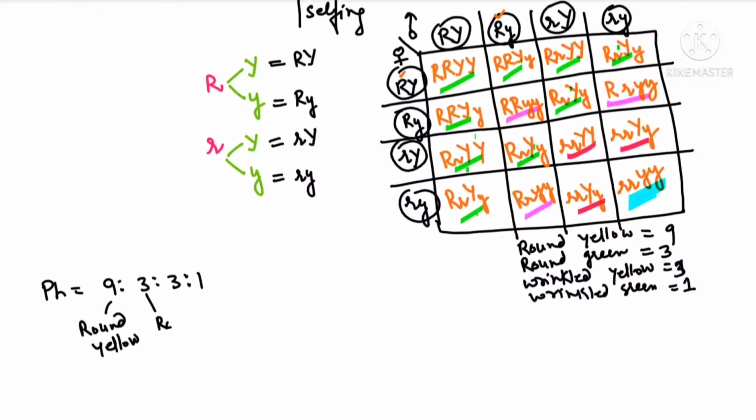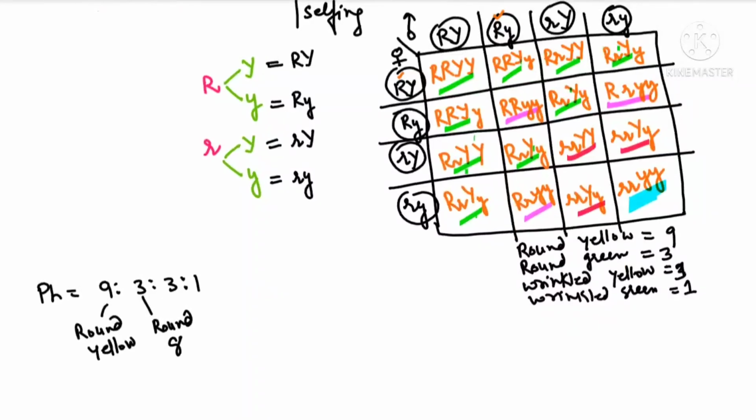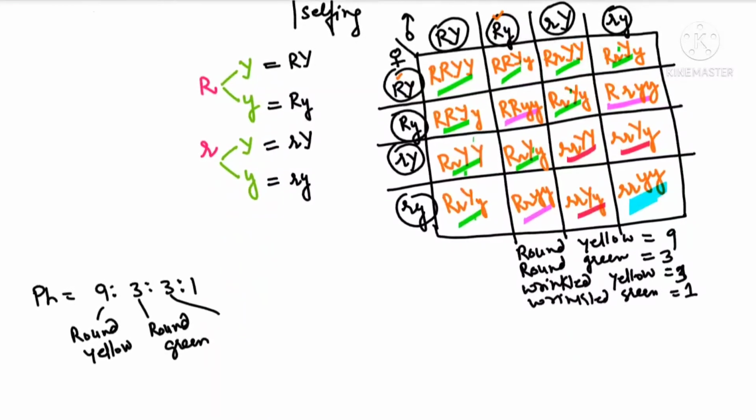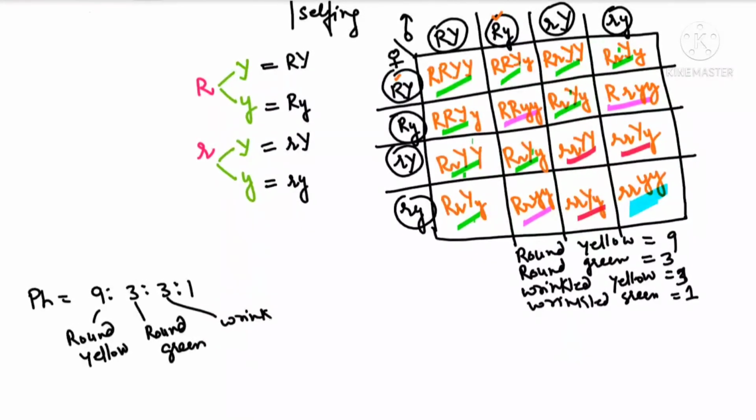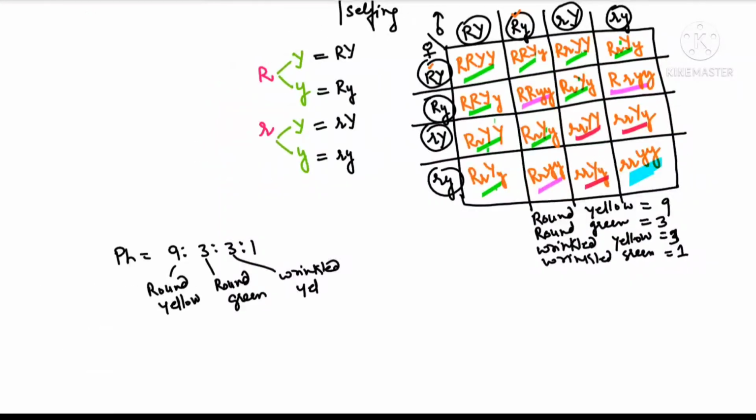This is your round green. This is wrinkled yellow. And this last one is your wrinkled green. Clear, beta? I hope this diagram has helped you to learn how to solve the dihybrid cross.